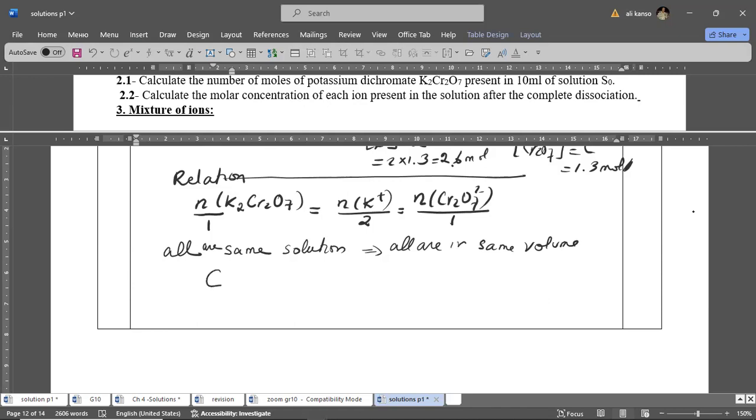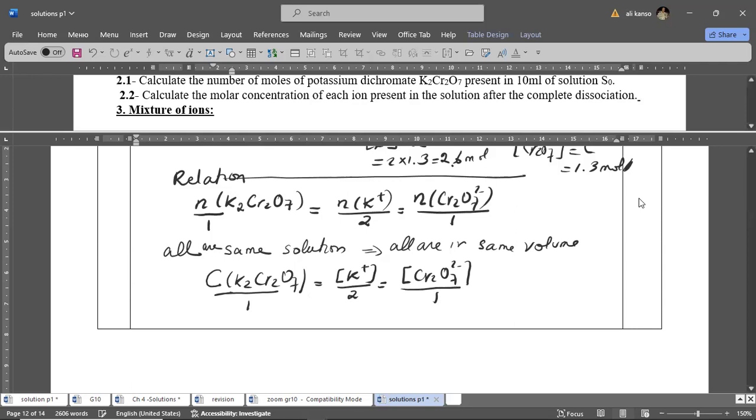Concentration C of the compound is equal to the concentration of K plus divided by 2, equal to the concentration of Cr2O7 2 minus divided by 1.